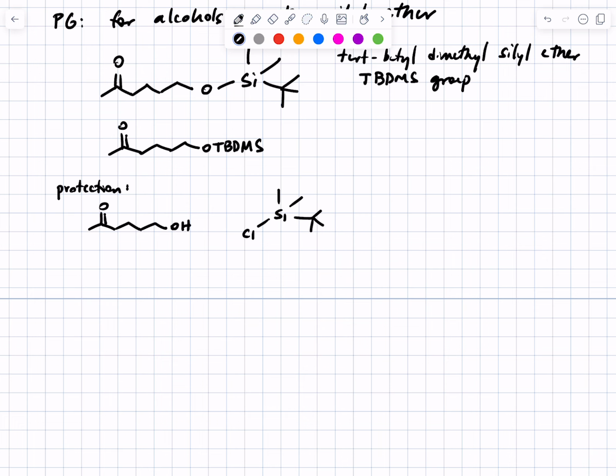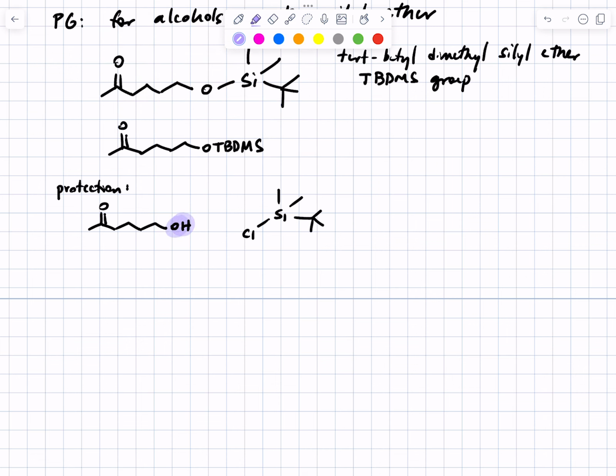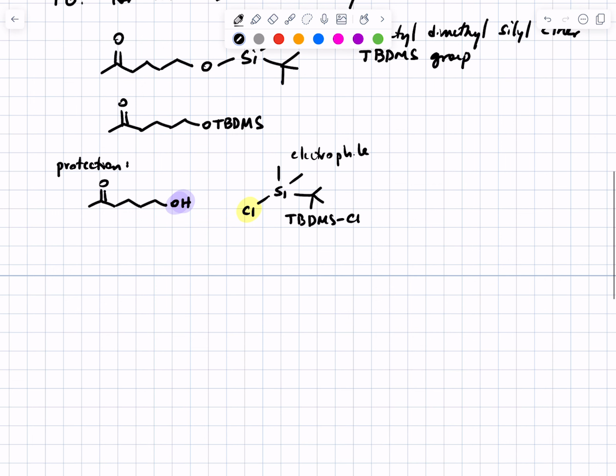We're going to use the OH as a nucleophile, and it will attack the silicon, and the chloro leaving group is going to leave. TBDMS chloride, or tert-butyl dimethyl silyl chloride, is the electrophile. TBDMSCl is how we'll abbreviate it.